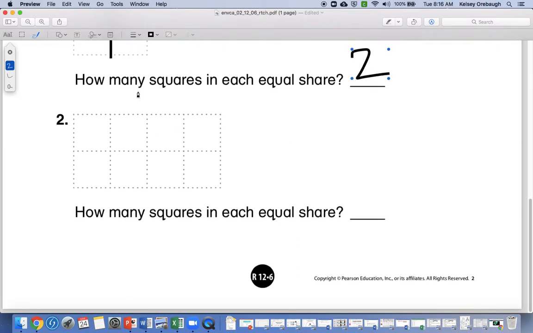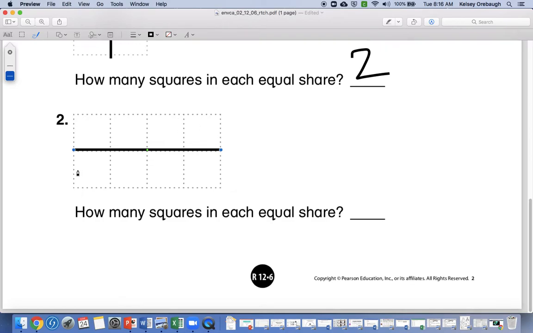We'll start with what we know from yesterday. We can divide this rectangle into equal shares by going straight across or by doing columns. All right? So let's first start with rows. If we draw a line straight across, we give ourselves 2 rows.